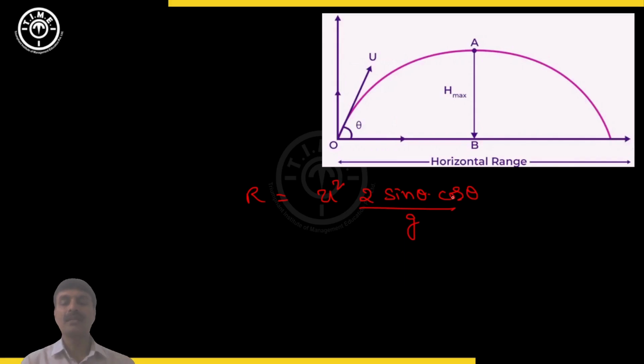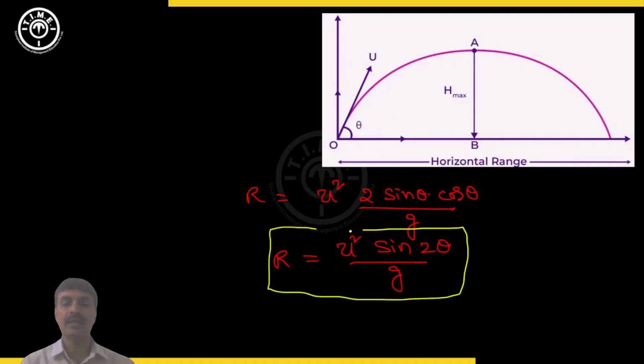See, 2 sin theta cos theta is nothing but sin 2 theta. So, you can write range as u square sin 2 theta upon g. That is the range. Range of a projectile is u square sin 2 theta by g.